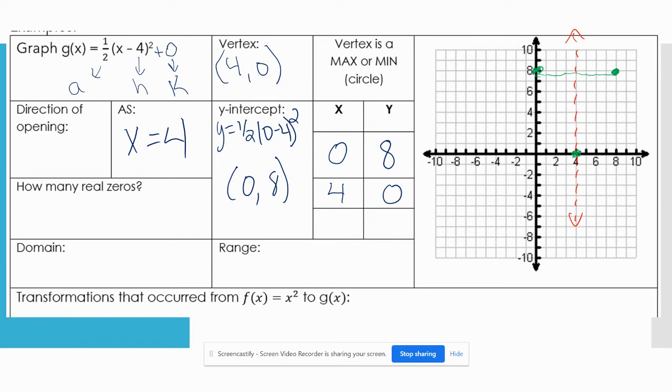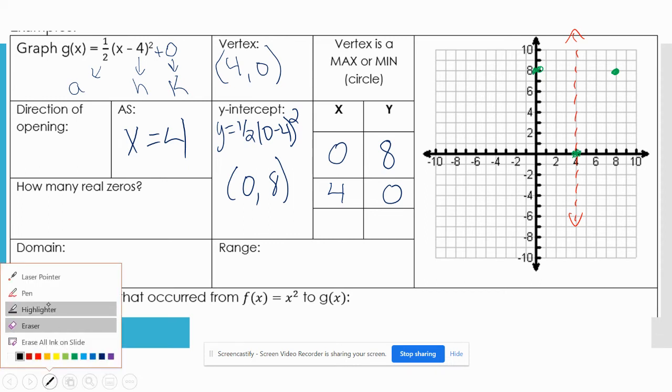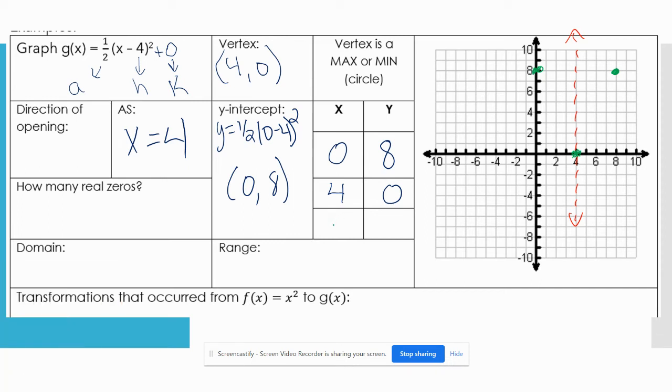And that's based just on the definition of an axis of symmetry. And so our other point that we're using is 8, 8. And I can draw my parabola.